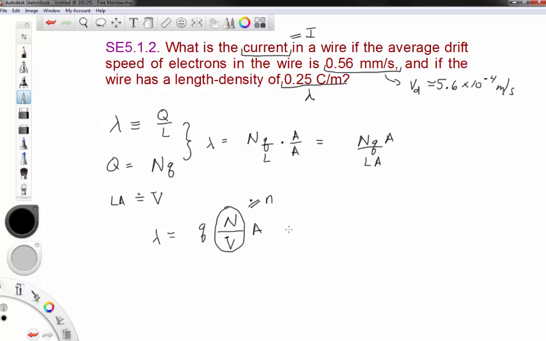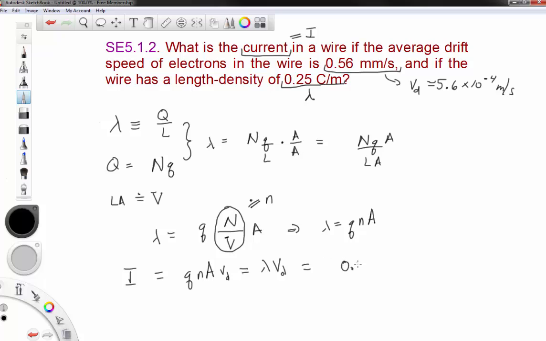So in other words, lambda is equal to Q times n times A. And the current from the equation that we had before was basically given by Q times n times A times the drift speed. So therefore that's going to be equal to lambda times the drift speed.